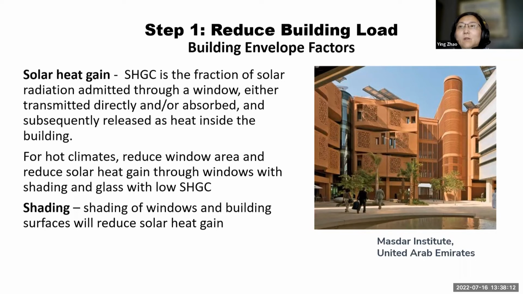So reduce window size, and reduce solar heat gain through the windows with shading and glass with a low solar heat gain coefficient; that will be very important for the design in a hot climate. Also, shading of windows and the building surface will reduce solar heat gain. That's obvious.